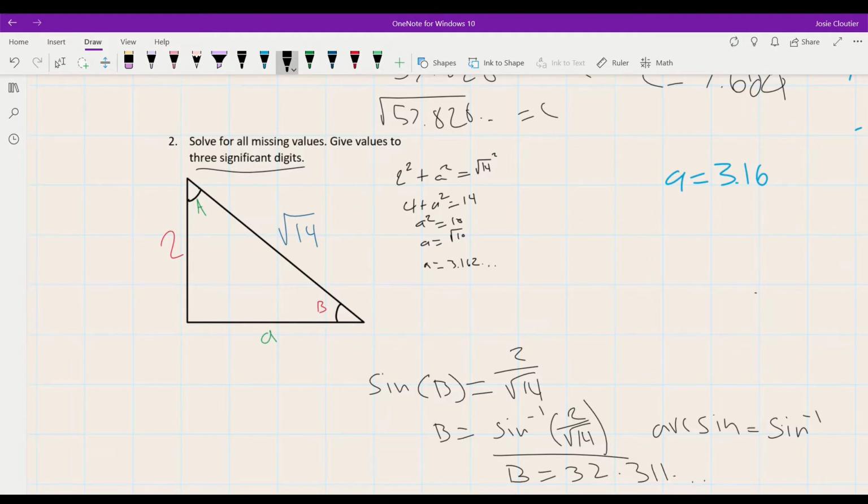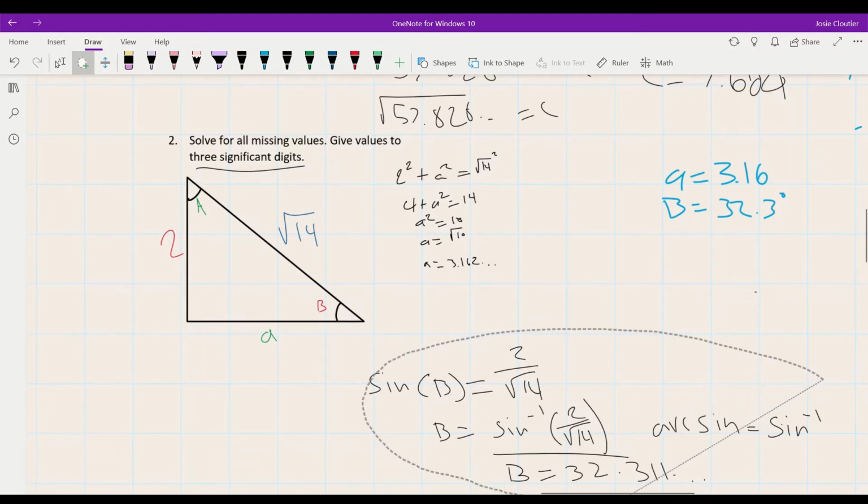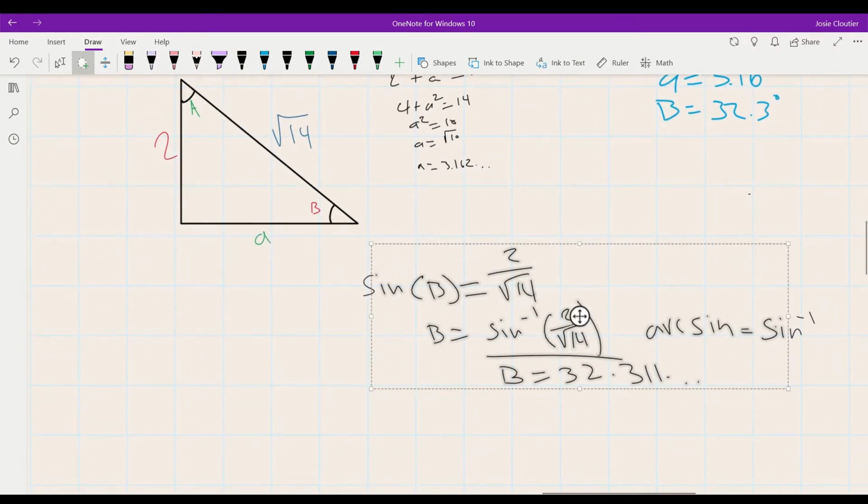Okay, so we'll use significant digits. So B equals 32.3 degrees.